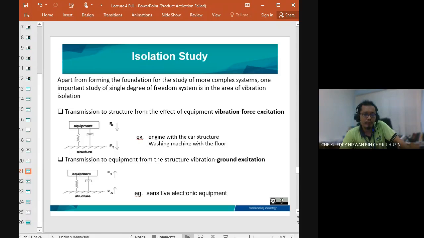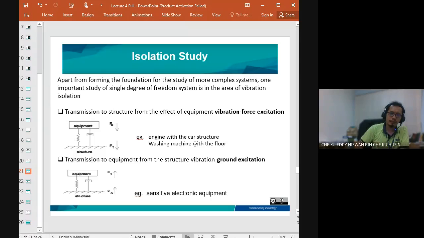We know that when the engine is in motion, there will be vibrations. So for the comfort study, we must ensure that the vibration from the engine to the car body is minimal, to avoid the user receiving that kind of vibration.